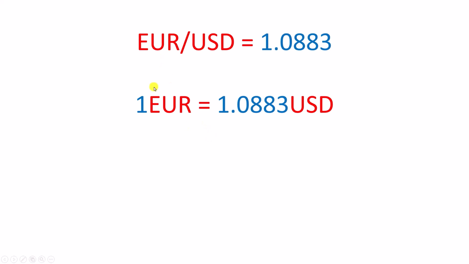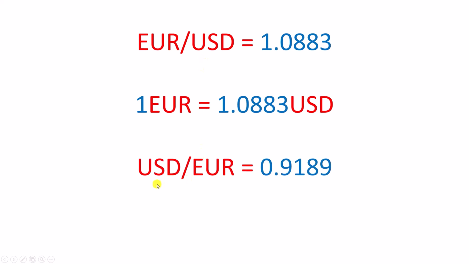Okay, now this is EUR/USD. You can invert it, or you can flip it to get something like this. This is USD/EUR. In this case, USD is the base currency, the one to the left, and EUR is the quote currency. And we get this value, which is 1 divided by this. You don't have to remember that. But how can you interpret this?